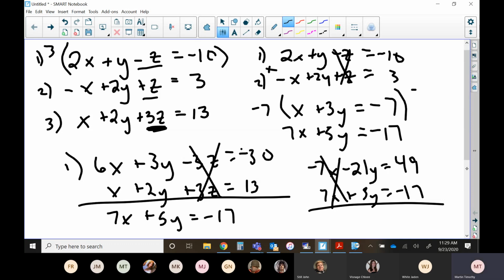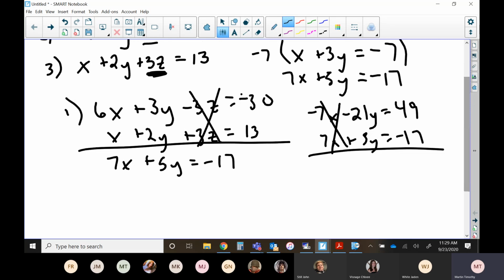Cancel this out. This becomes a negative 16y equals, and that becomes the 32. Divide by negative 16, divide by negative 16, and y equals negative 2.